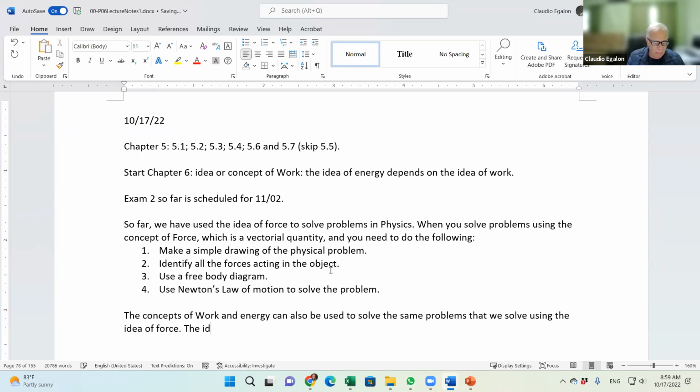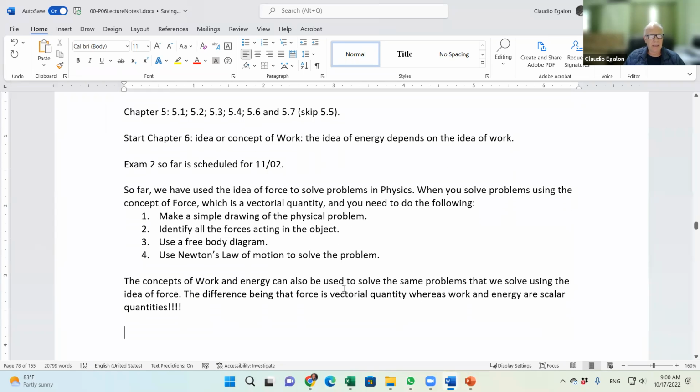The difference, very, very important, being that force is a vectorial quantity, whereas work and energy are scalar quantities. Okay, scalar quantities. That's the important difference.